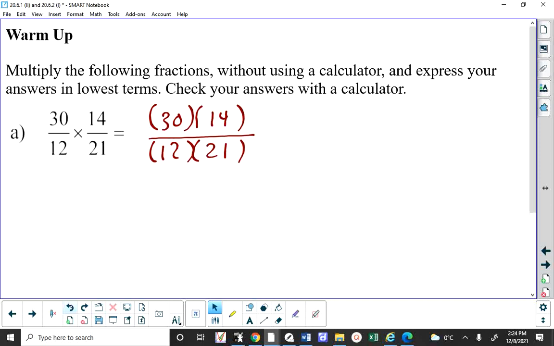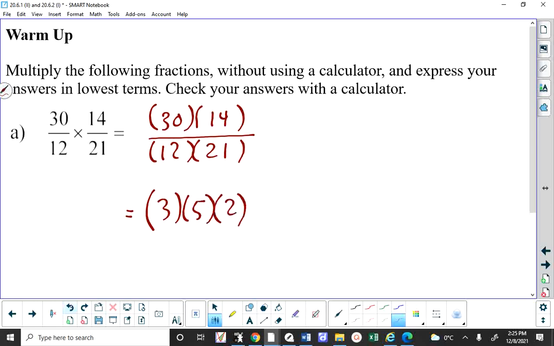Factor. Let's factor everything. So what is 30? I'm going to take a couple of shortcuts here because the exact method is not that important. 30 is 3 times 10, and 10 is 5 times 2. So 30 is 3 times 5 times 2. And 14 is 2 times 7.